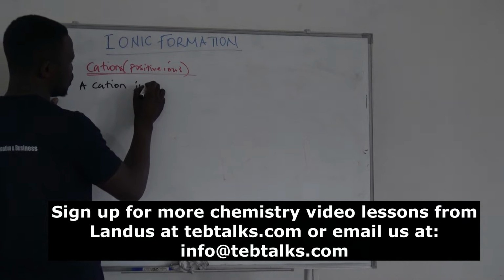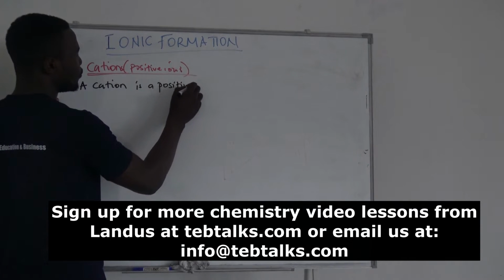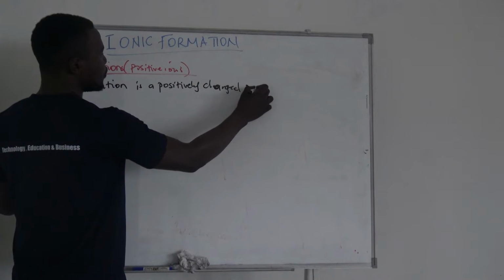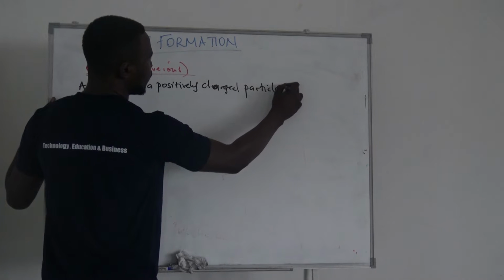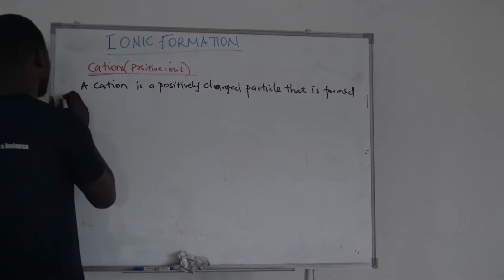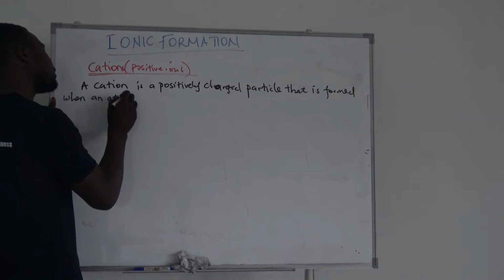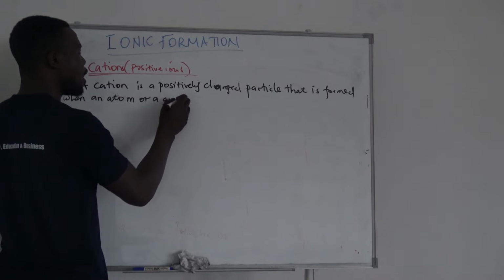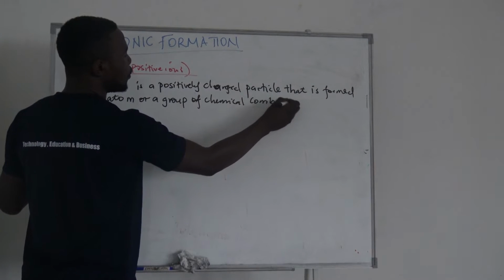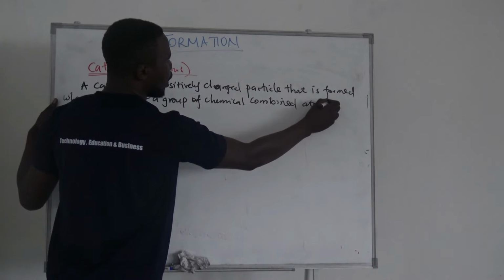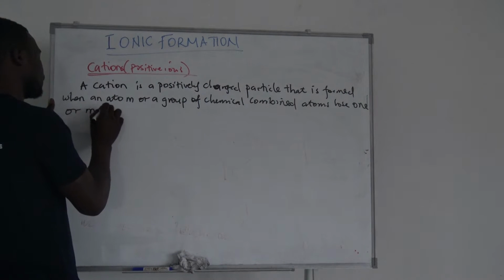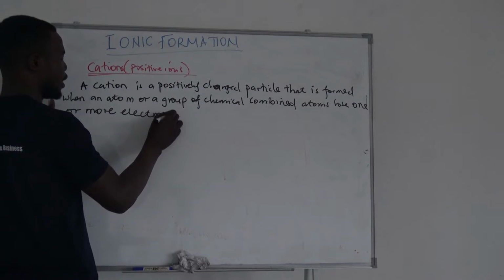So a cation is a positively charged particle that is formed when an atom or a group of chemically combined atoms lose one or more electrons.